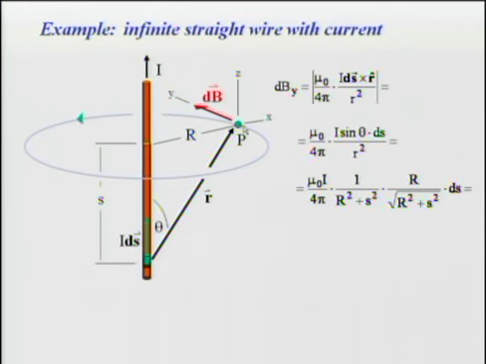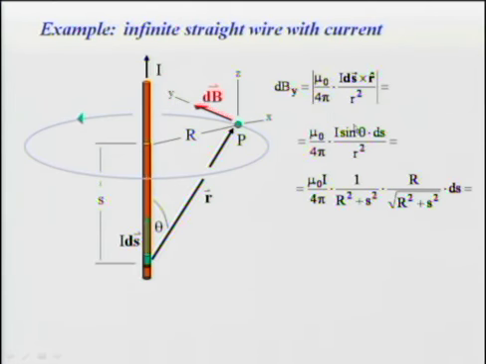So using the Pythagorean theorem, I recognize that r is the length of the hypotenuse. The square of the length of the hypotenuse is equal to the sum of squares of the lengths of the other two sides. So I have r squared because it's the length of this side, and s squared because it's the square of the length of this side. All right, so we took care of r squared.